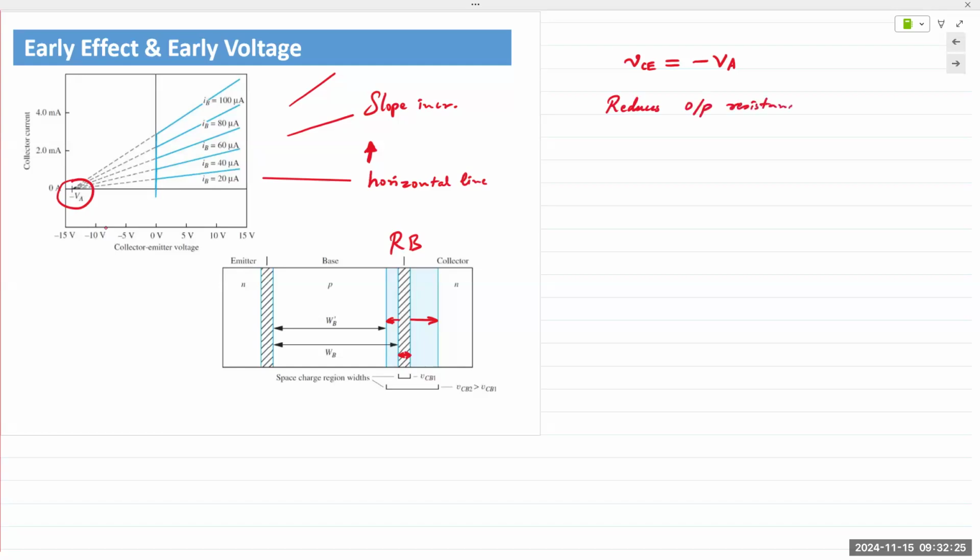Because of the increase in the collector current, it reduces the output voltage, and hence it places limits on the amplification factor of the BJT. Collector current is inversely proportional to the base width. So if base width decreases, collector current increases.